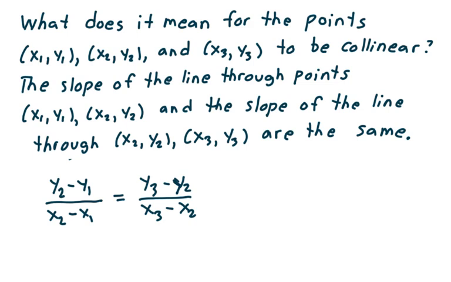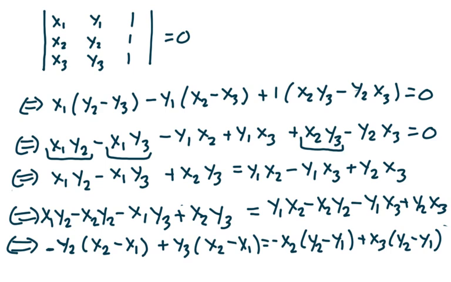Now, we're going to start with the determinant of the matrix with rows x1, y1, 1; x2, y2, 1; x3, y3, 1, and set it equal to 0. Remember, this is given.